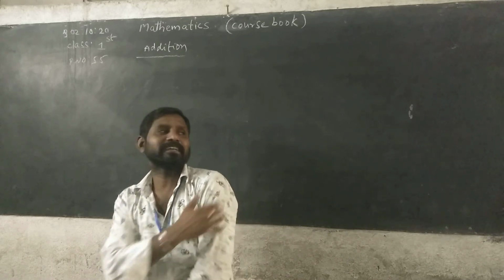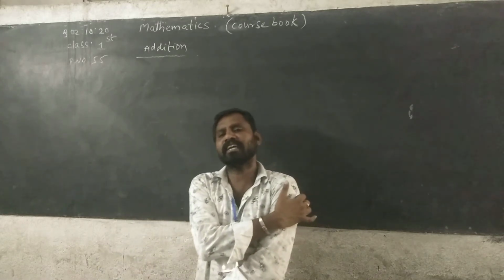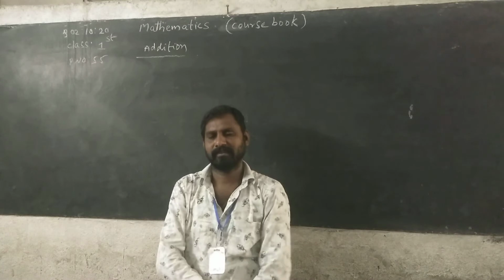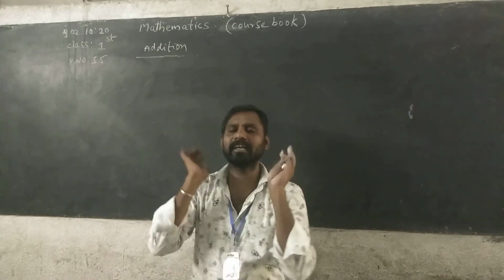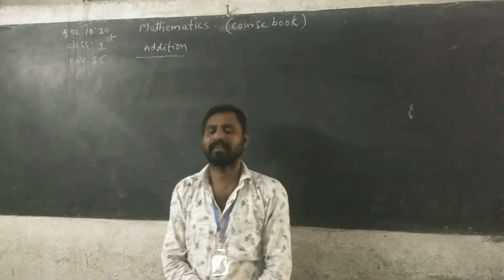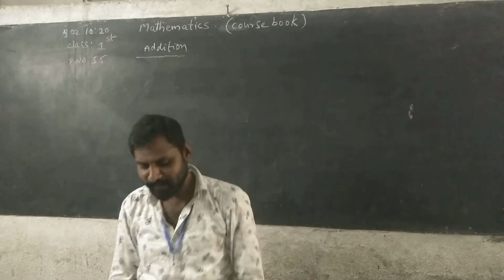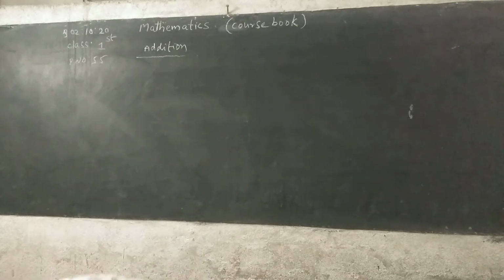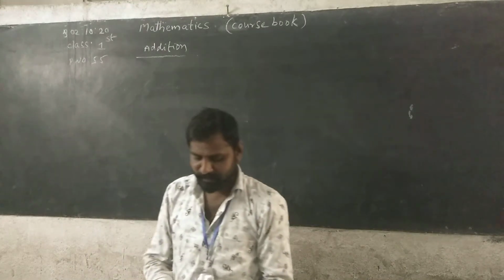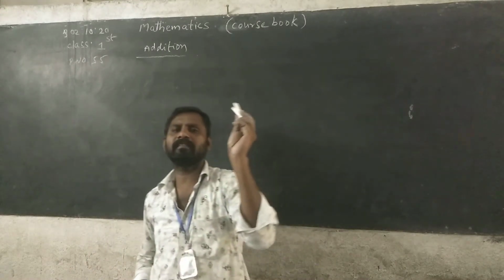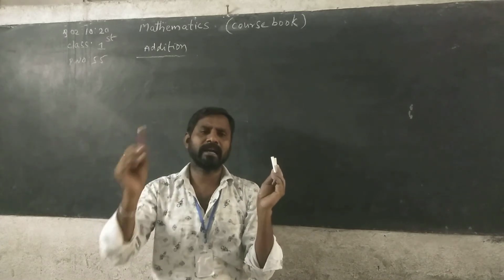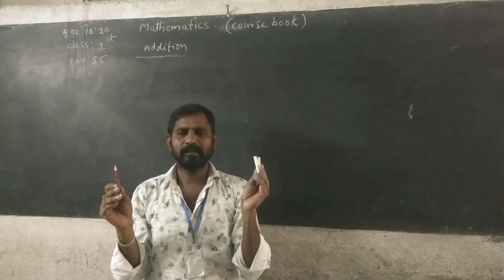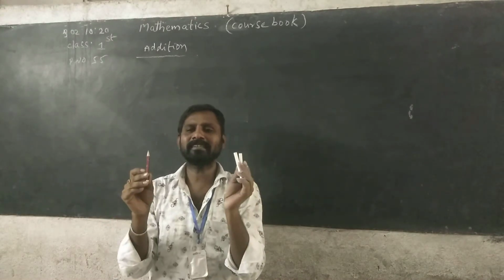Addition means if you take any two or more numbers together, it is called addition. Two or more numbers means now I am taking two pieces of chalk in one hand and one pencil in the other hand.